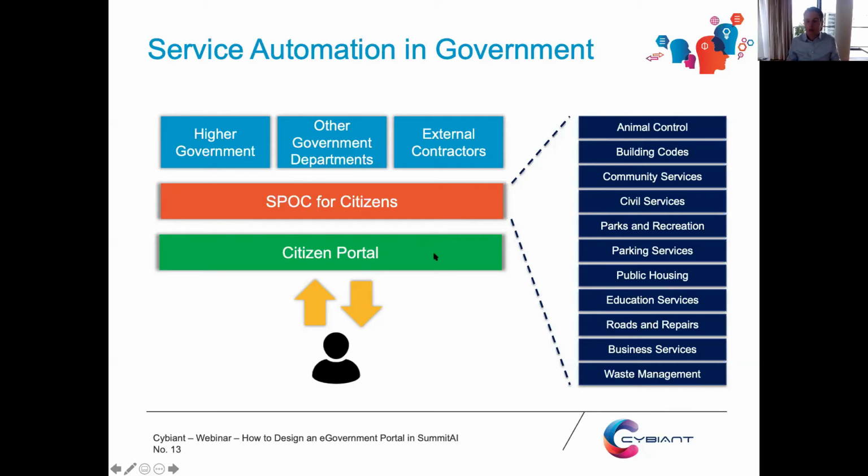So no matter whether I would like to get a license to build a house, or would like to get a marriage certificate, or would like to get a new driver's license, all of those services could be requested through the same self-service portal. And that's really the objective when we talk about the design of e-government portals.